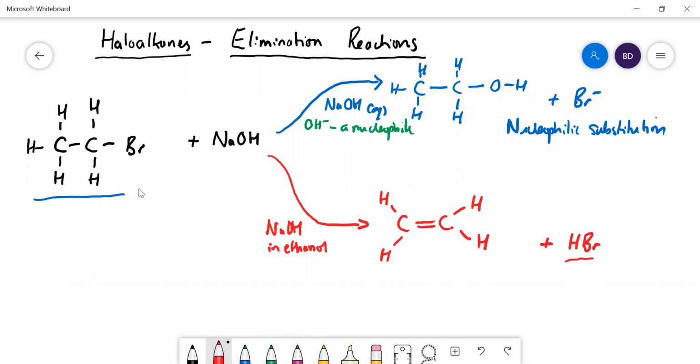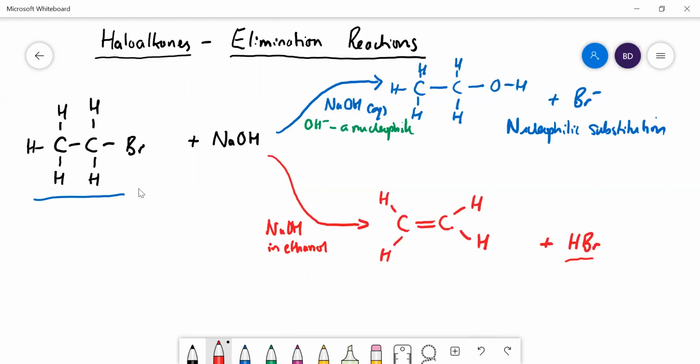You lose HBr, so what happens is you lose the bromine and you lose the hydrogen from the carbon, not the same carbon, but the carbon next door. Okay, and then you form a double bond between those two carbon atoms there. That's what's happening. So if instead of using aqueous solution, you use ethanol, you get a different reaction occurring.